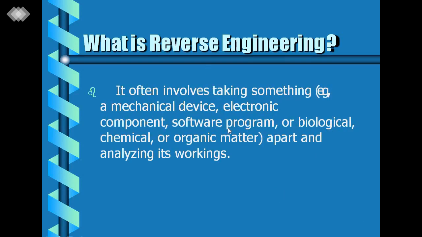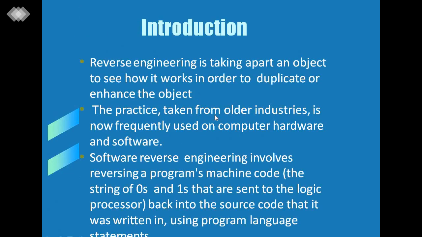It often involves taking something like mechanical devices, electronic components, software programs, or biological, chemical, or organic matter, all apart and analyzing its working. Now let's take an introduction to reverse engineering.